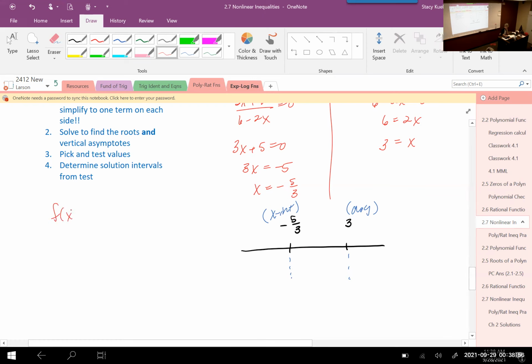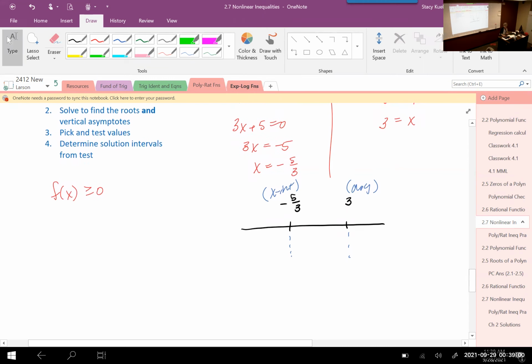And I'm just going to rewrite the statement. We're looking for where this function is greater than or equal to 0. So we test points to the left, in the middle, and to the right. And when you do that, you find that we are negative to the left, positive in the middle, and negative on the right.